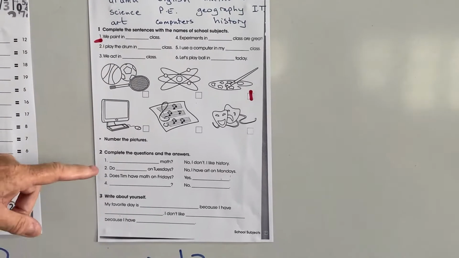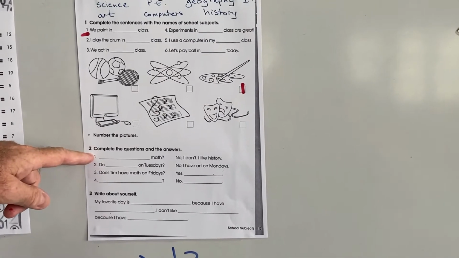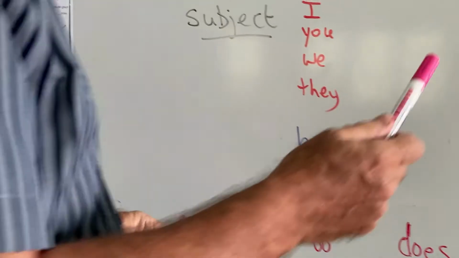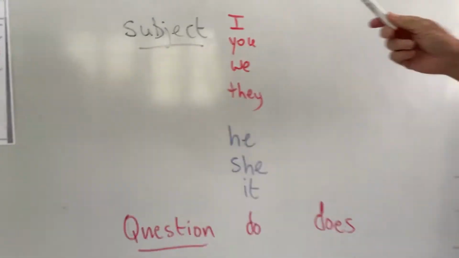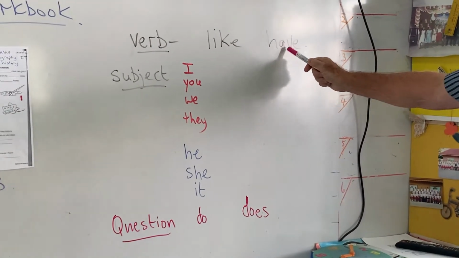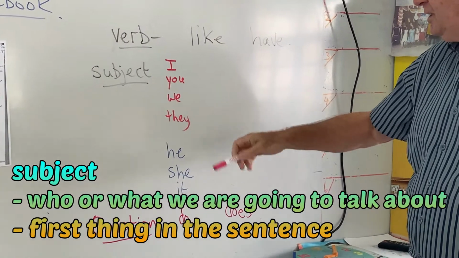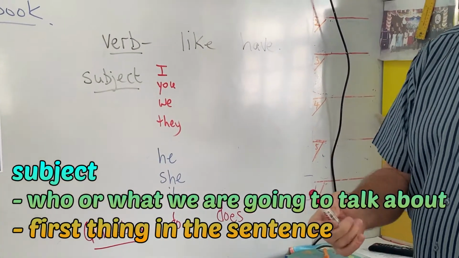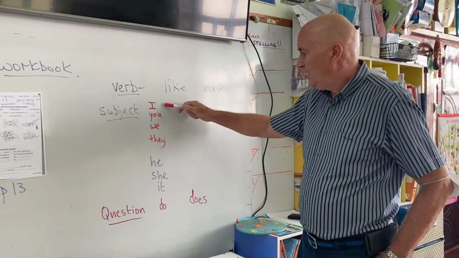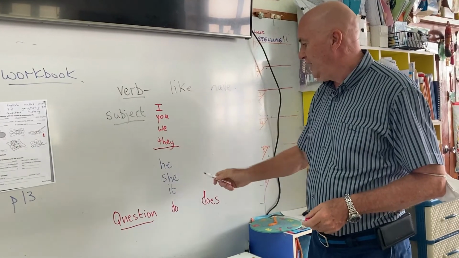Okay, and then question 2, a little bit more difficult. Let's just have a look over here. So, we've looked at 2 verbs, the verb like and the verb have. We talked about the subject. The subject is who or what we're going to talk about, the first thing in a sentence, and we can write the subjects like this: I, you, we, or they.